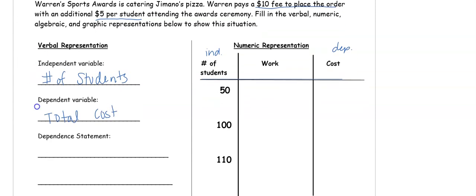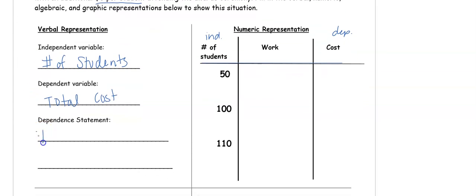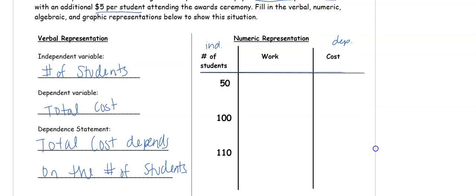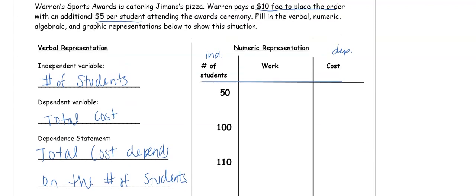So we can say that our dependency statement is the total cost depends on the number of students. Okay, so total cost depends on the number of students that's going to attend the ceremony.